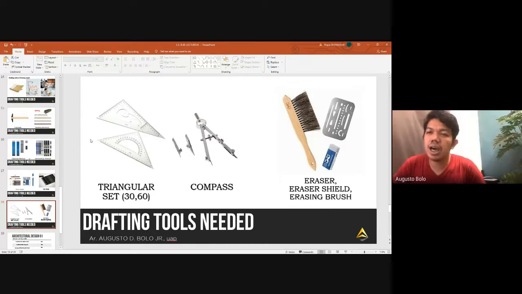If you want, I am not recommending kasi there are a lot of alternative drawing materials, drafting tools, pero yung flinash ko on the screen is the vital one lang. Hindi ko pa nga nasali yung tracing paper because it's not yet needed, kasi major plate pa yon. Sasabihin ko na lang siya when the major plate comes.